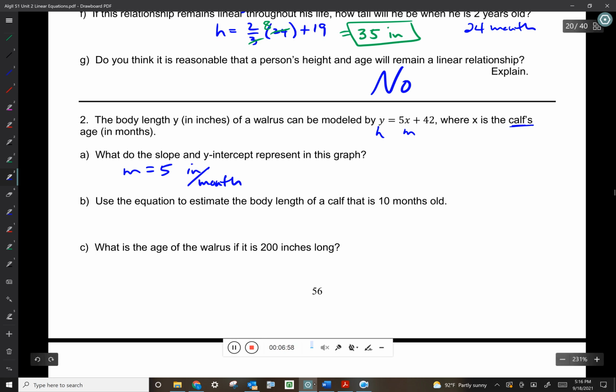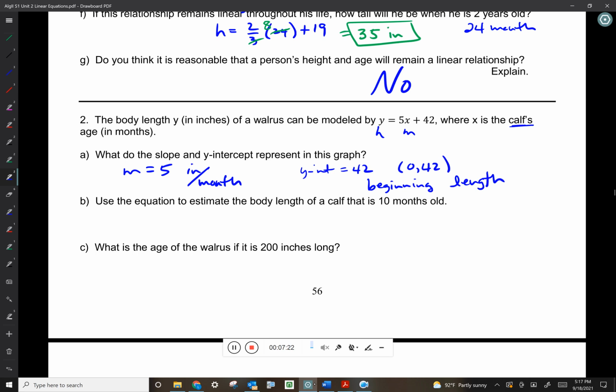Well, the y-intercept is 42. Remember, it's the ordered pair (0, 42), so that would be the beginning length of the walrus, like when they were born.